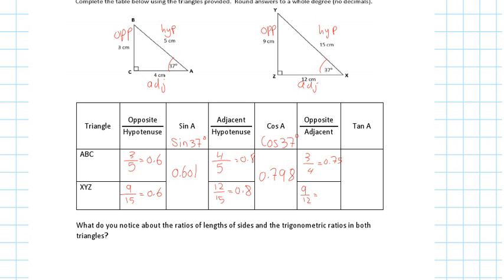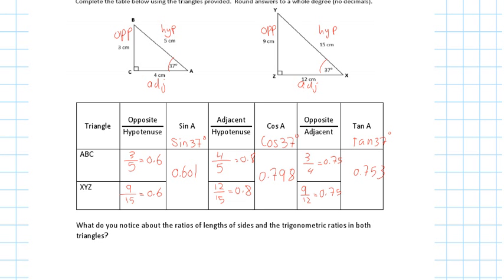We're good? Now what do I have to do for the last part? Tan of 37. What's tan of 37? 0.753. Okay, what have you guys noticed?